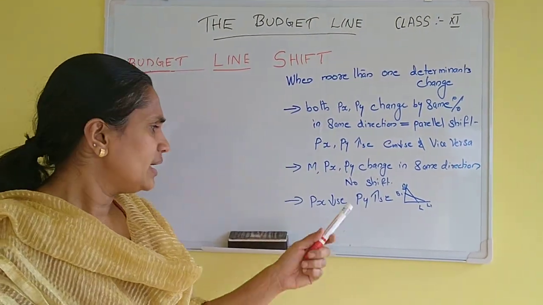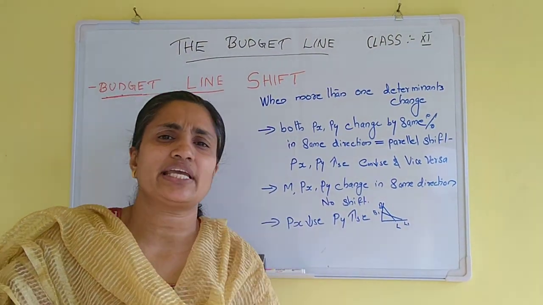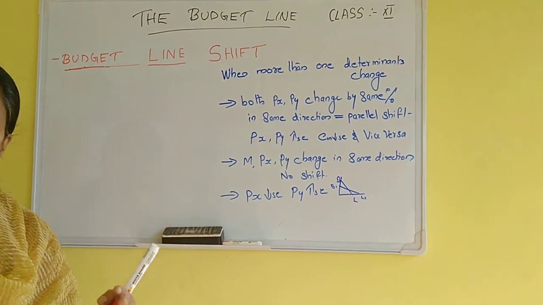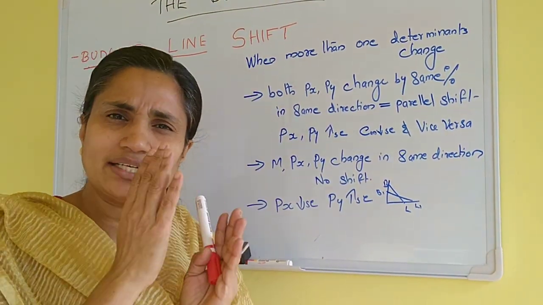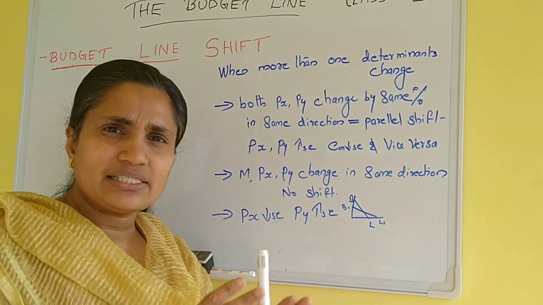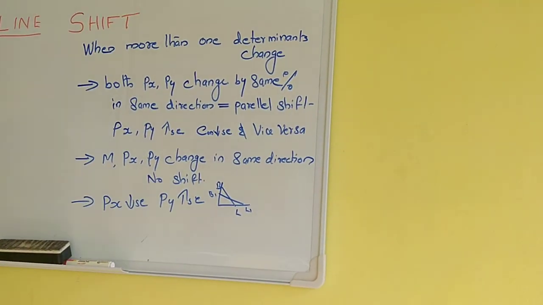Another case is where the prices of X and Y change in opposite directions, not in the same direction. Suppose the percentage change in the price of X and Y is the same. Suppose the price of X decreases 10% and the price of Y increases 10%.